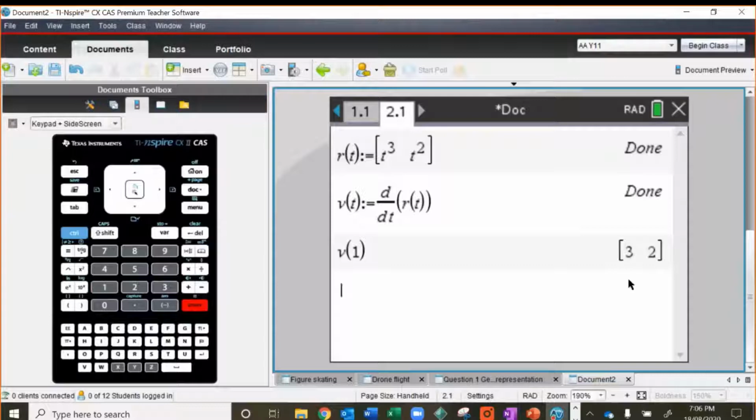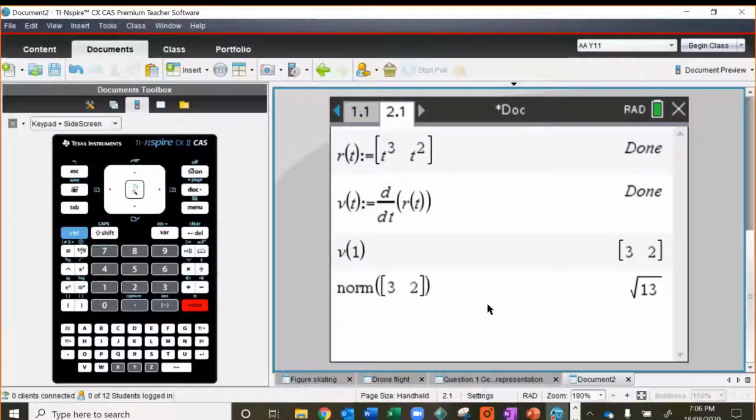So this is the velocity at t equals 1. If we wish to find speed, we need to find the norm of, and we can bring this vector down, and it tells us that the speed at this point is square root 13. So remember, norm gives us the magnitude of the vector using CAS.